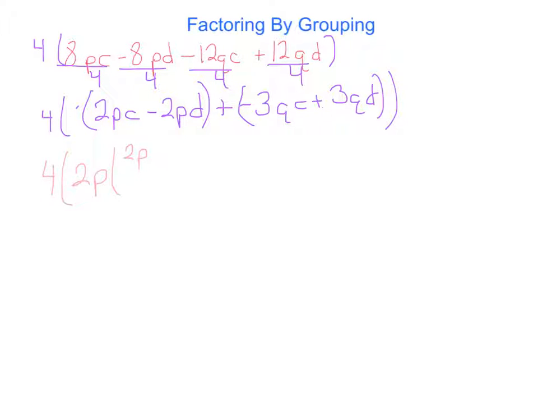So we'll divide each of those by 2p. And the second group has a 3q in common. So we'll take out a 3q and divide each of them by 3q.